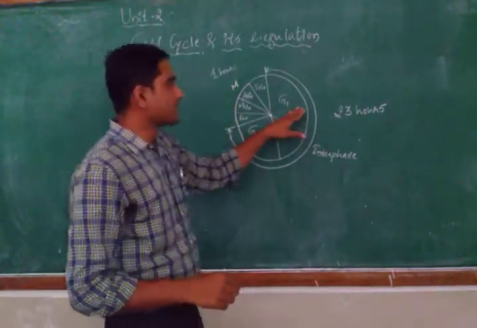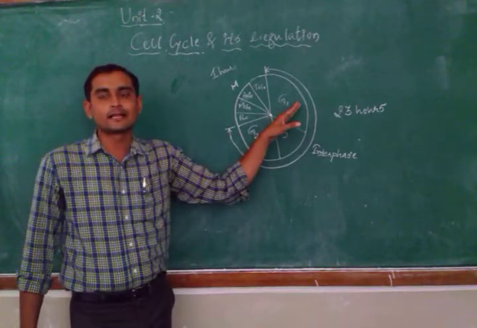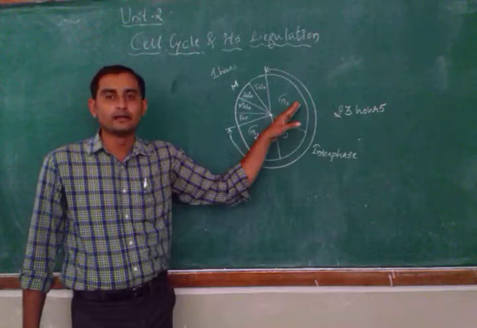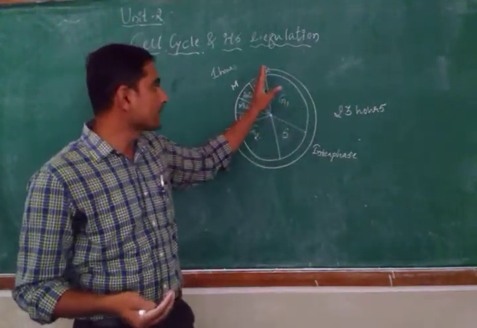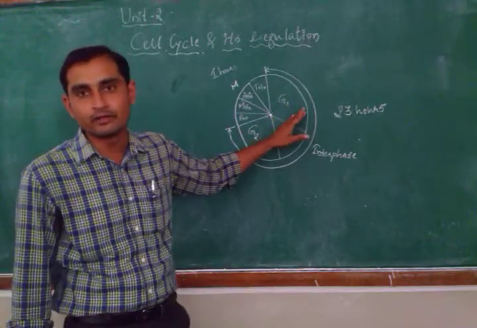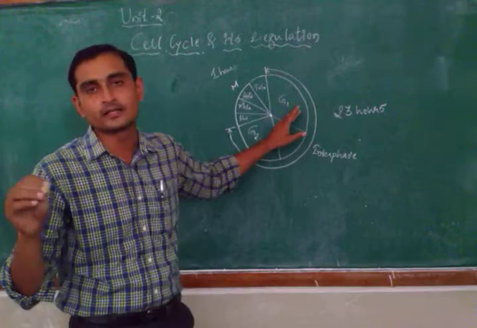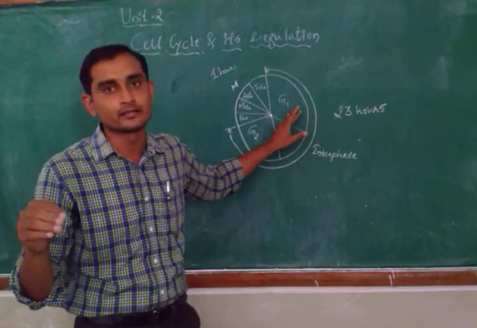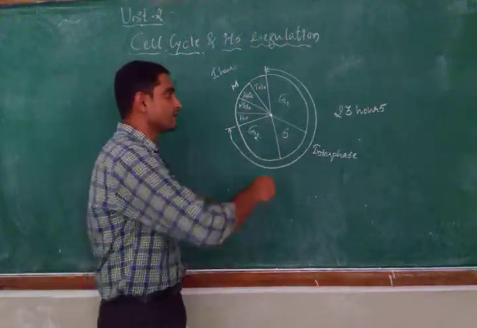In the G1 phase, whenever the cell gets a signal to divide, or whenever there is a need for cell division, the cell enters into G1 phase by receiving some external or internal signals that it should divide. Then only does it enter into G1 phase.